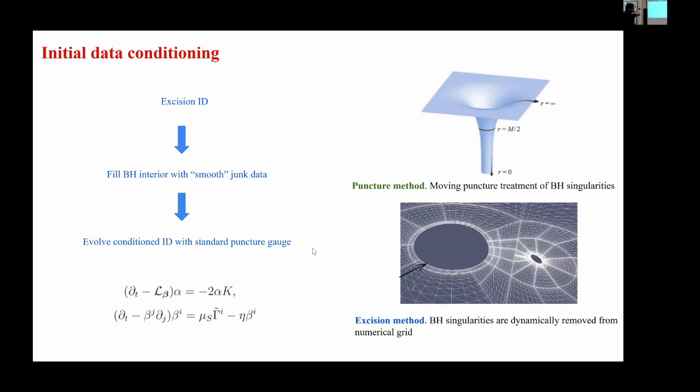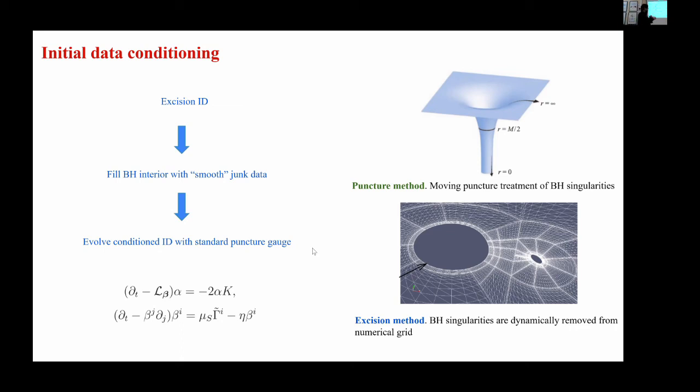In SpEC, a binary black hole system would look like this, and as it moves across the grid, the space is dynamically removed from the computational grid. This is called an excision technique of evolving, whereas BAM does not have this capability. And so the way we use excision initial data for such systems is that we fill the interior of the black hole with some smooth junk data.